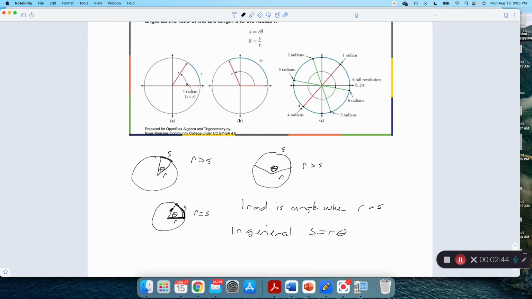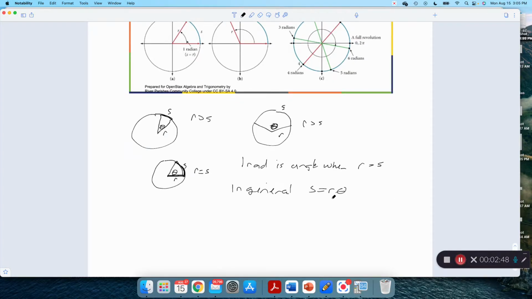Arc length is defined to be the radius times the angle in radians. Or a better way to think of it in this context is that the angle in radians is defined to be the arc length you've subtended divided by the radius. And this is measured in radians.